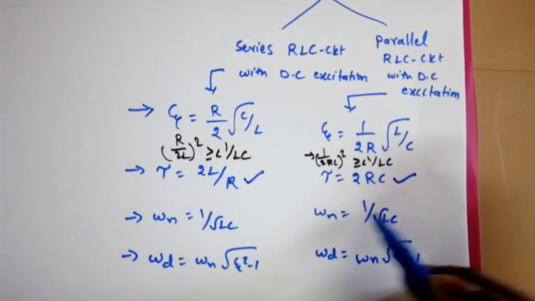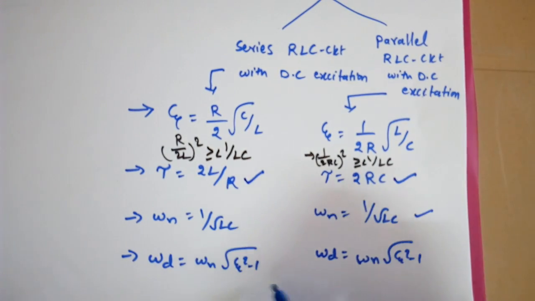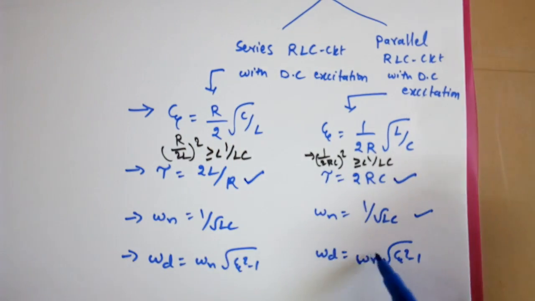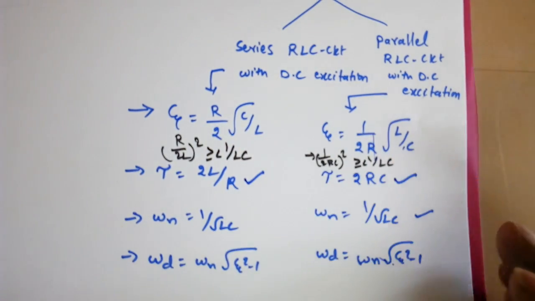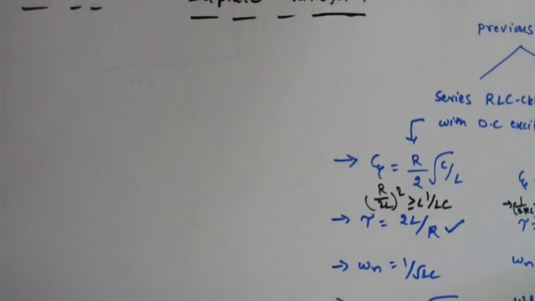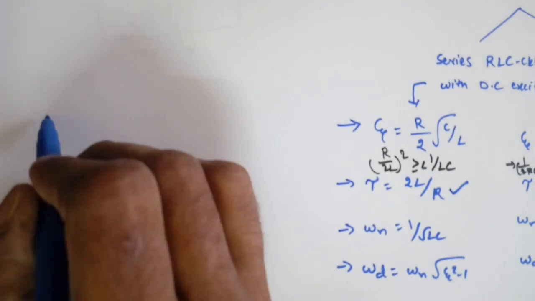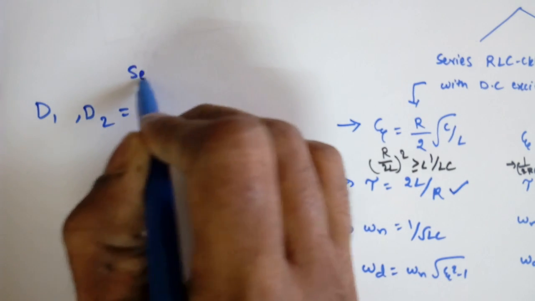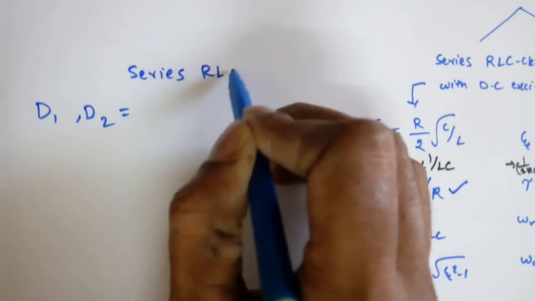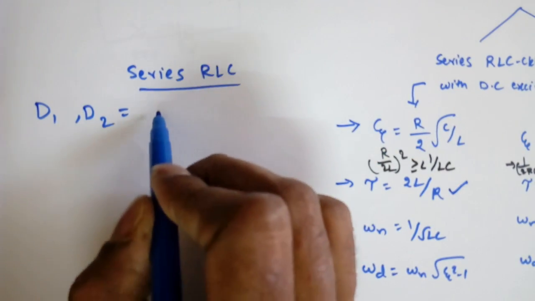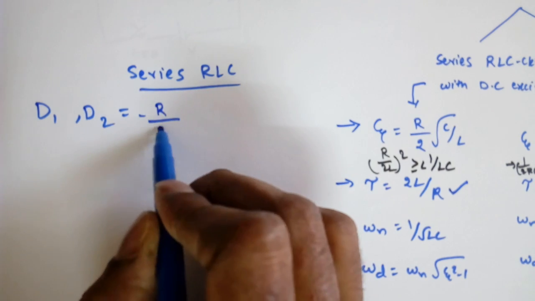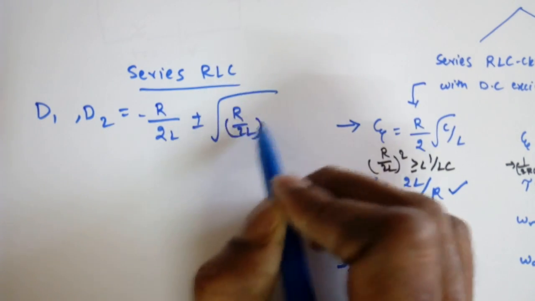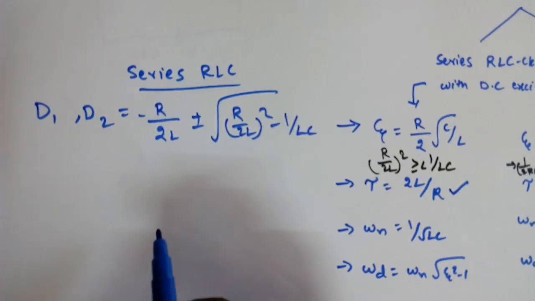Similarly, omega n is the same in both cases and omega d is the same in both cases, but zeta in the series case is R by 2 root of C by L, and in the parallel case zeta is 1 by 2R root of L by C. Again we need to remember the roots D1, D2. In series RLC these roots are minus R by 2L plus or minus root of (R by 2L) whole square minus 1 by LC.